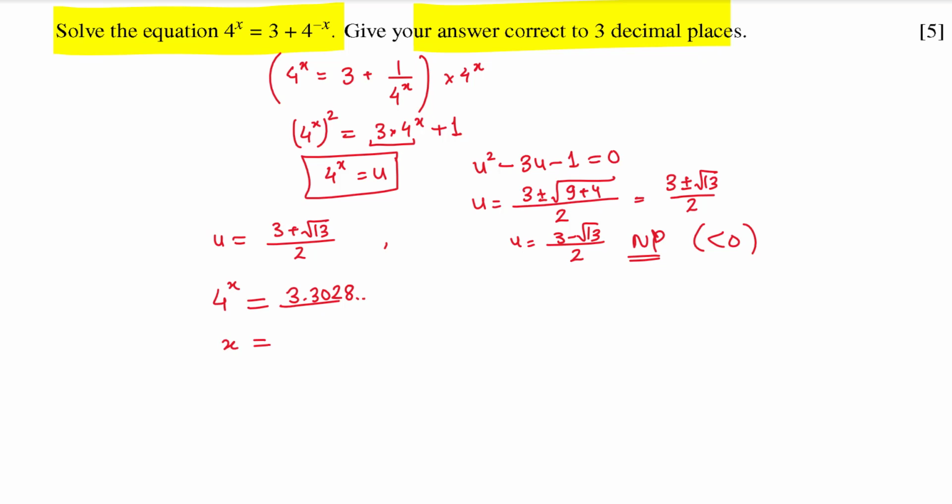So x equals log of 3.3028, and base is 4. We'll use this directly, log base 4, and the answer is x equals 0.862, to 3 decimal places. And that's the solution, the answer to the equation.